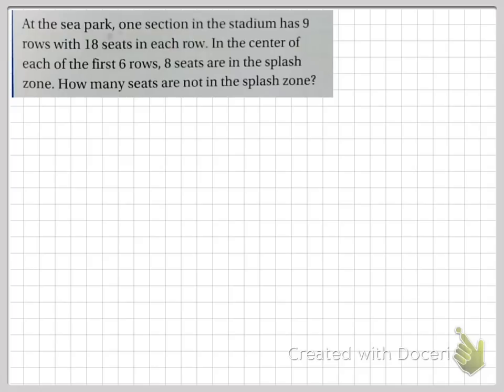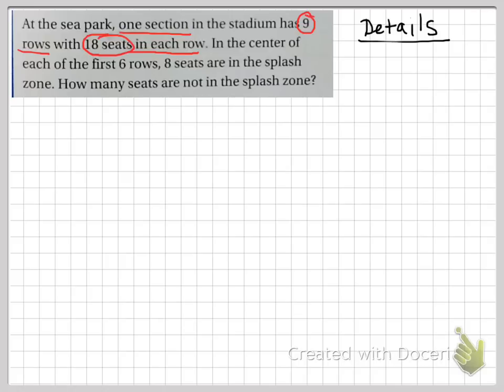So let's take some key details. You don't need to write down the word problem, but the details are important. At the Sea Park, one section in the stadium has 9 rows with 18 seats in each row.